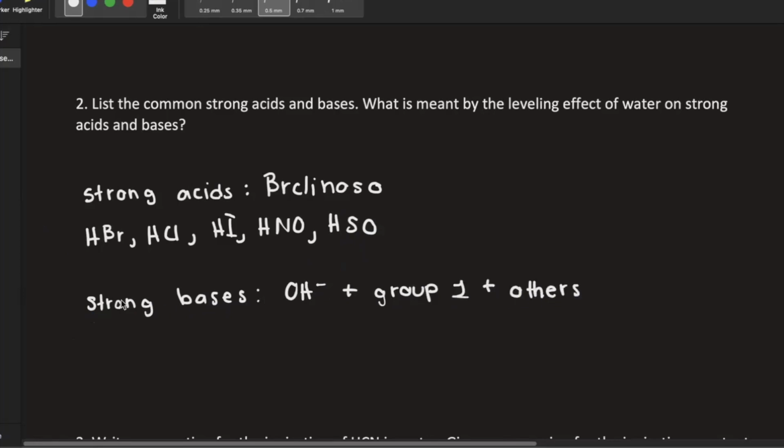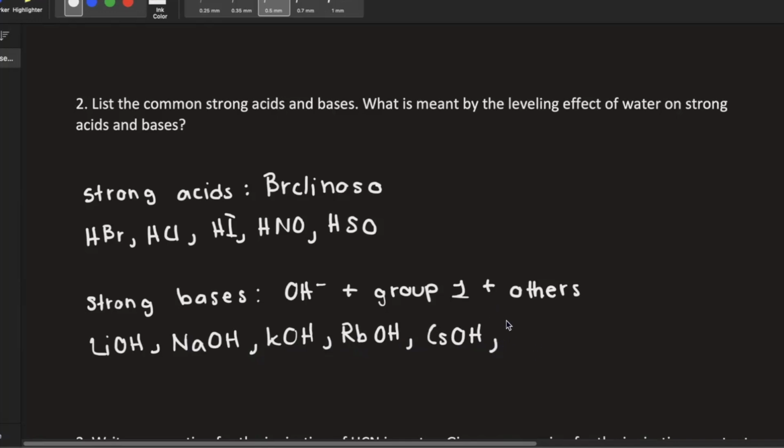So our main strong bases are going to be LiOH, NaOH, KOH, RbOH, CsOH, CaOH2. Sorry, that's Ca, because it's calcium.